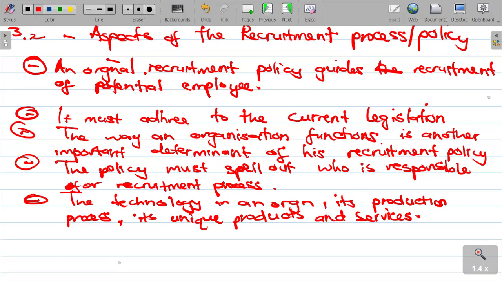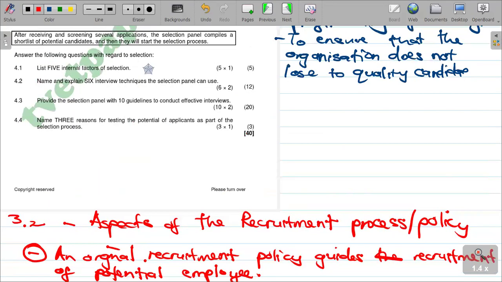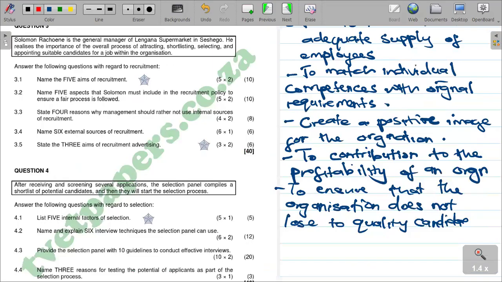So let's go to 3.3. Right. State 4 reasons why management should rather not use internal sources of recruitment.